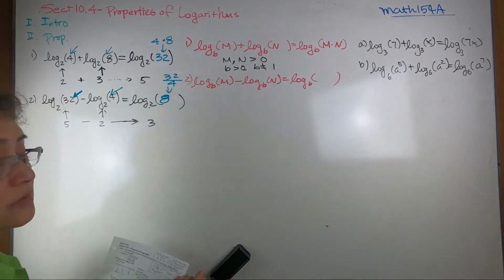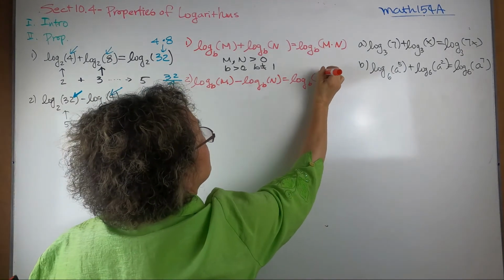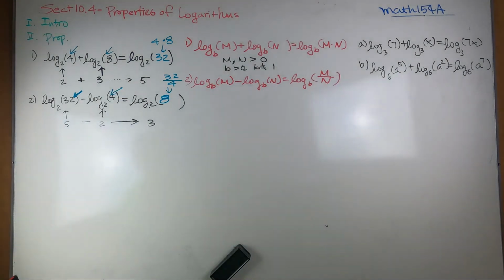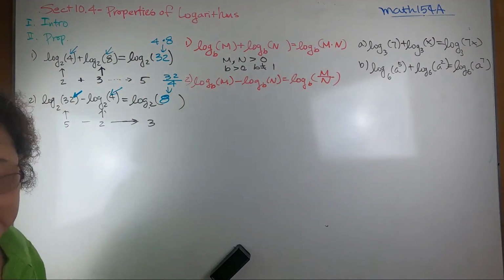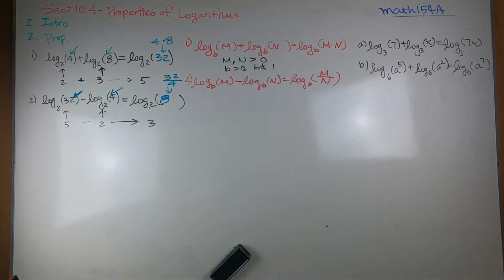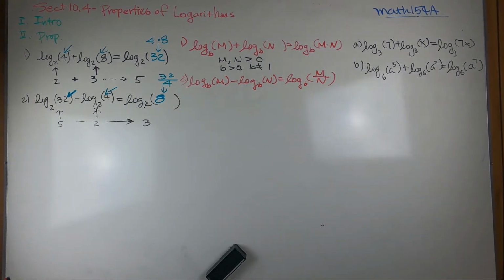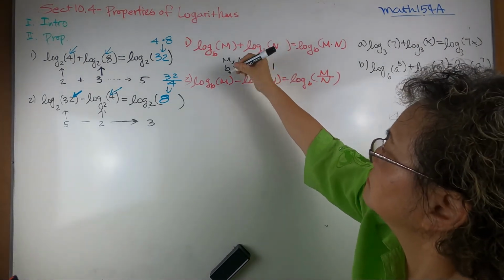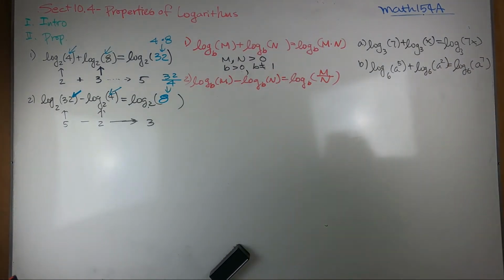For a difference of logs, you need to divide the inside, right? All the restrictions are the same. Inside of the log needs to be a positive number, and your base needs to be bigger than 0 and not equal to 1, right?